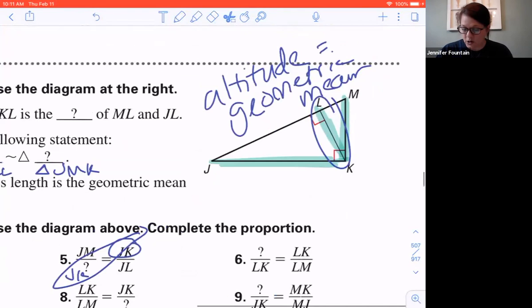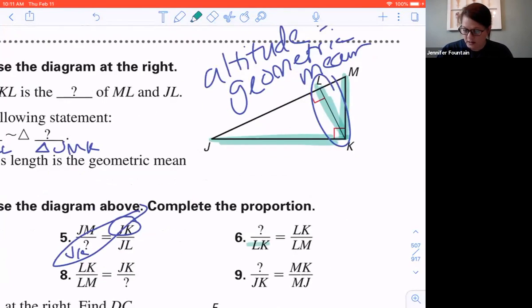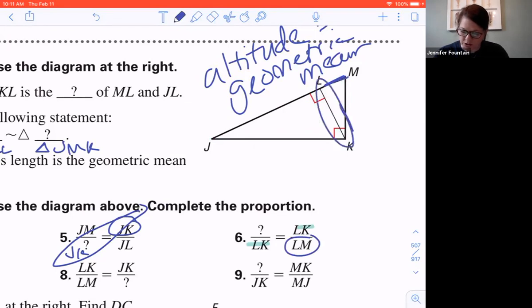Again, I can see that they already have LK as my geometric mean or as my altitude. So I need to compare LM. So if this is my altitude and I have LM, what is going to be my missing segment?